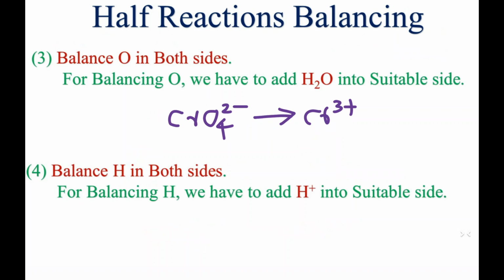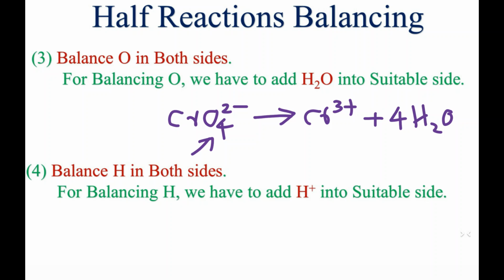As we have done in our previous examples, we need to balance oxygen in this step. So we need to add 4 H2O molecules to balance oxygen because there are 4 oxygen atoms in the left side. After balancing oxygen, we have to balance hydrogen. In this step, to balance hydrogen, we have to add hydrogen ions into the suitable side.